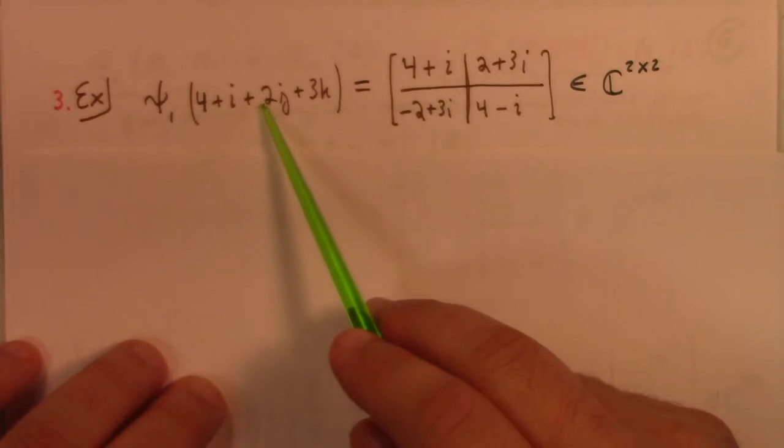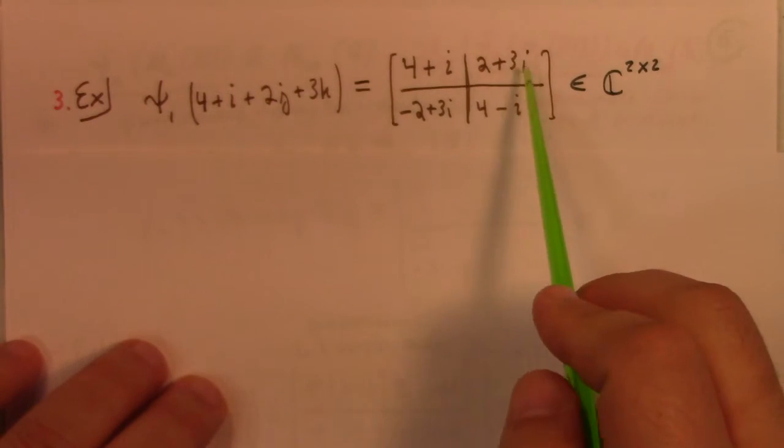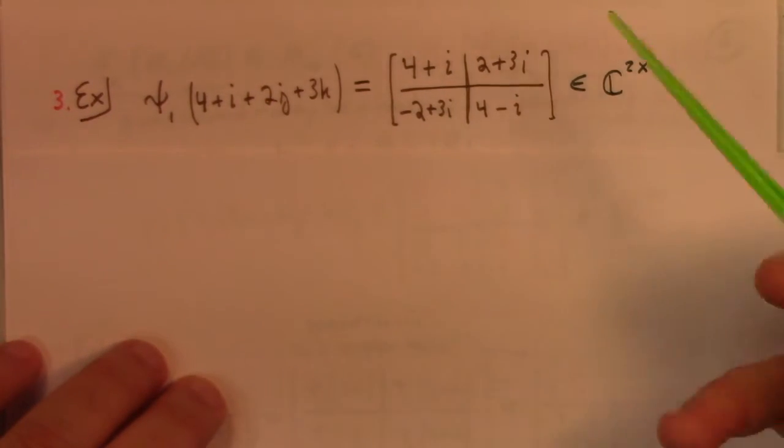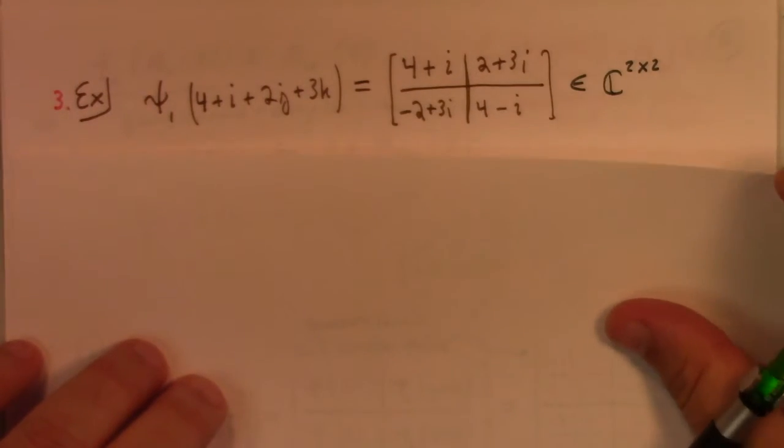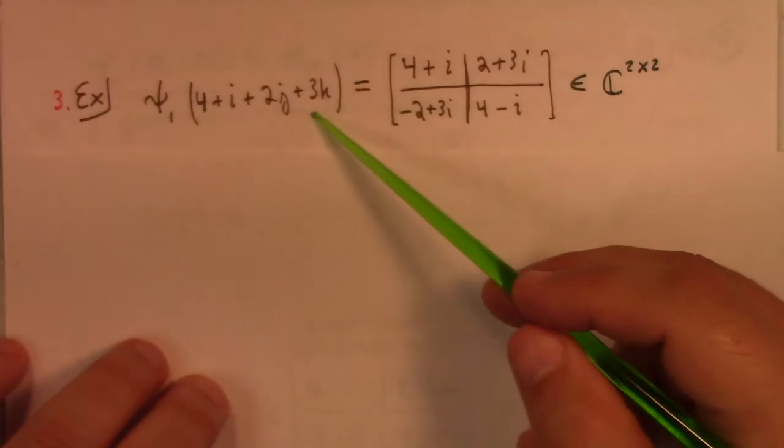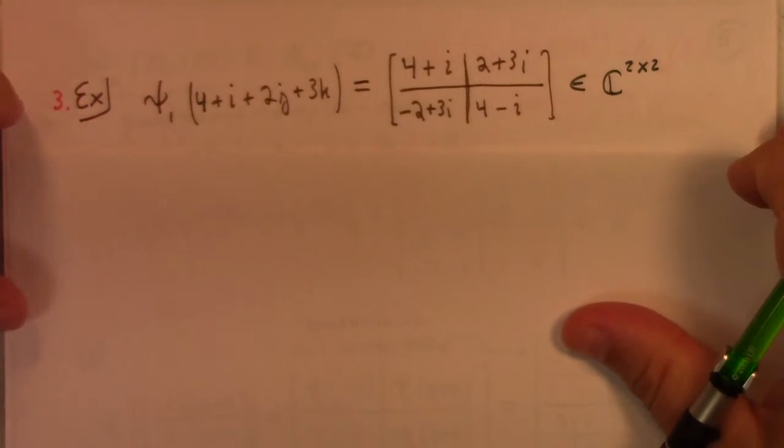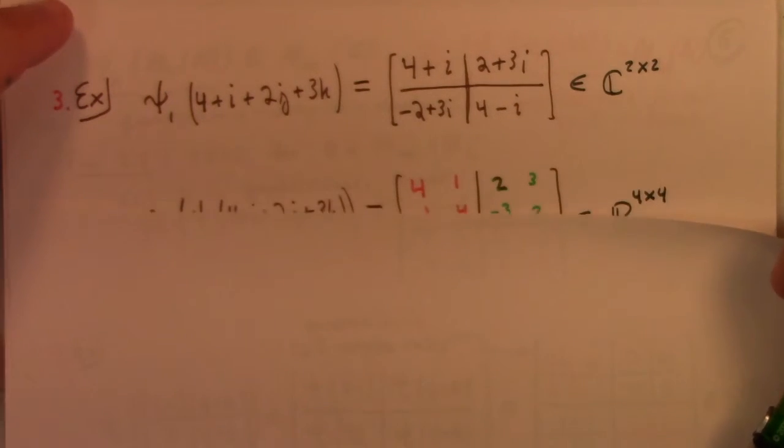And so just following the numbers, 2, 3 goes here and here, that puts a minus 2 here, puts a 3 here. That's just the definition of the map. As you can see, we traded one quaternion for a 2 by 2 matrix of complexes.